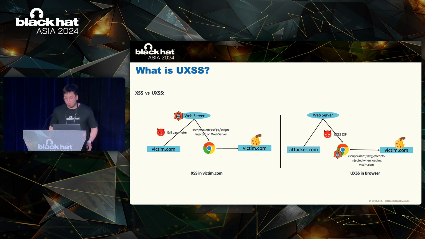When the page is loaded in the browser, any JavaScript code will be executed in victim.com, and the attacker can steal the user's cookies. As for universal XSS, the bug is in the browser. When the universal XSS payload is loaded in the victim's browser, the attacker will use the bug to inject JavaScript code into victim.com even if the server side has no bug. The cookies can still be stolen.